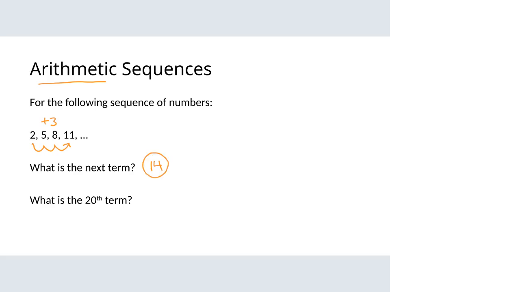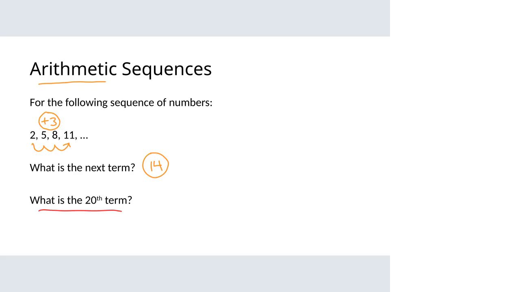You're exactly right. And in an arithmetic sequence, that's how we get to the next term, by adding or subtracting the same number every single time we move one place along the line of numbers. So with that in mind, a question might be posed that says, what's the 20th term?